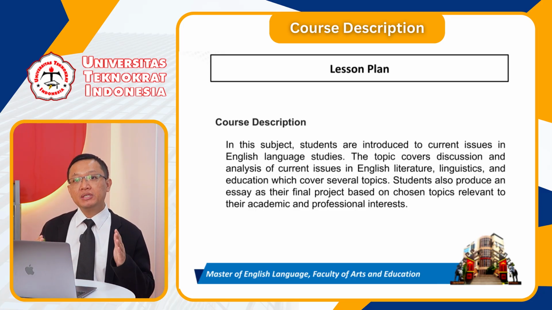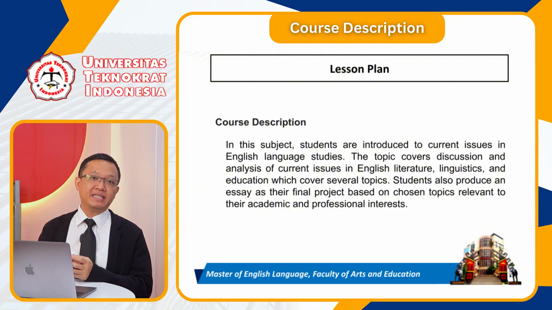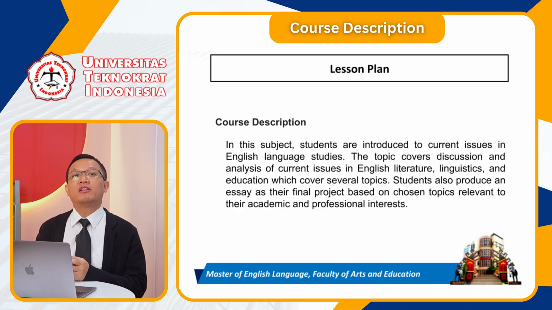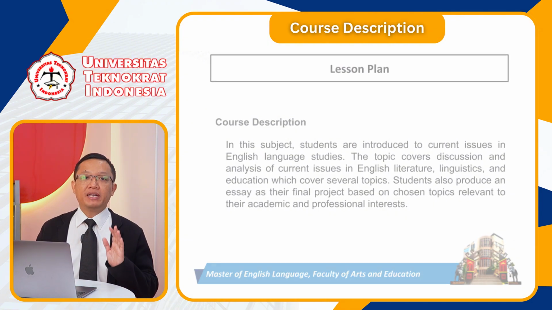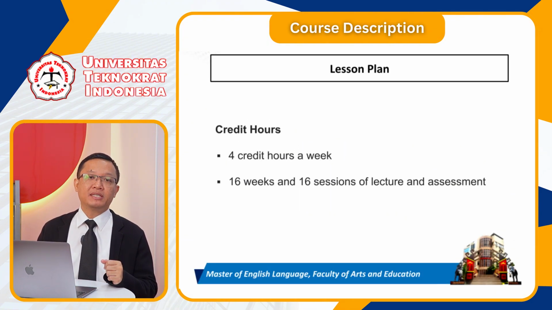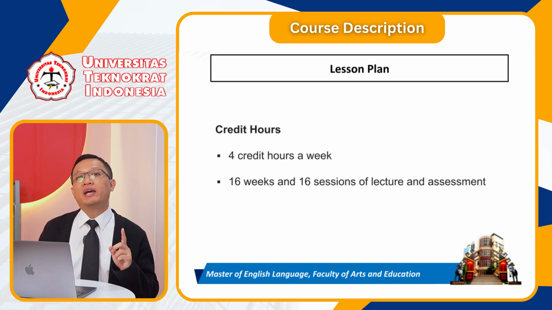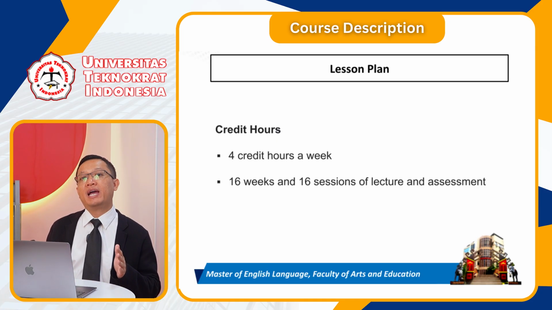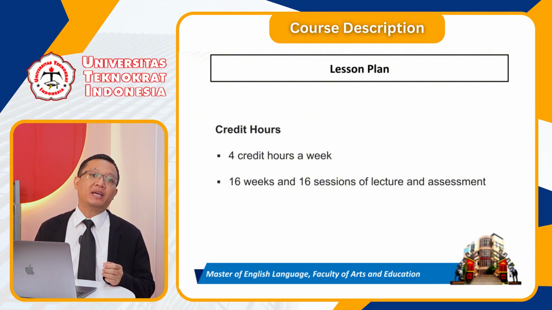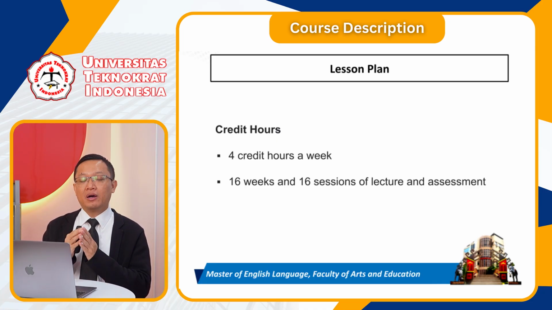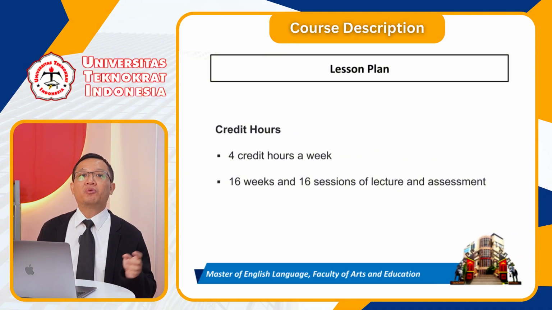Students will also produce an essay as their final project based on chosen topics relevant to their academic and professional interest. Talking about credit hours, in 1 week, you will have 4 credit hours. And in 1 semester, in total, we will have 16 weeks, which means that you will have 16 sessions of lecture and assessment. This is the timetable and topics of current issues in English language studies for 1 semester.